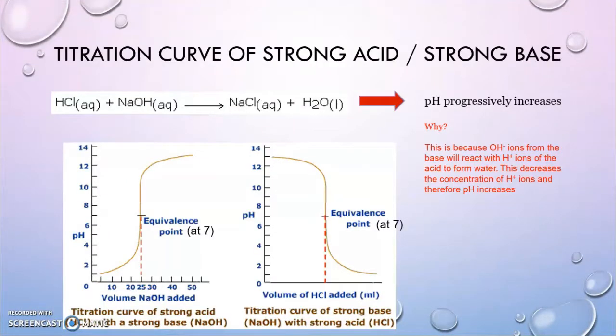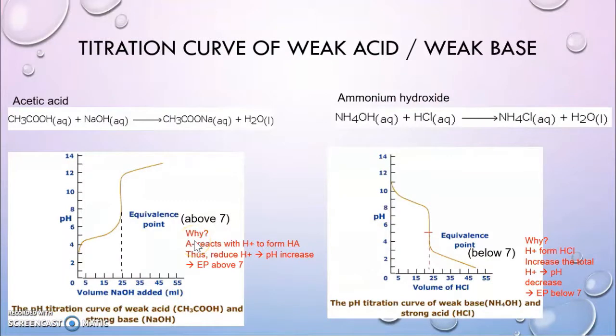Okay, now let us look back at the equivalence point. The equivalence point of a titration between strong acid and strong base will always equal 7. 7 here represents the pH. Okay, now let us look at the second example, which is the titration between a weak acid and a strong base.